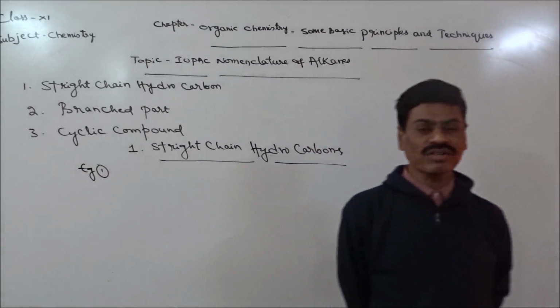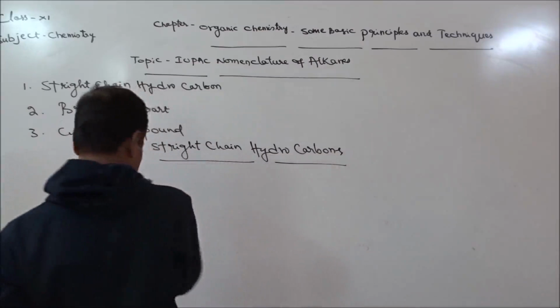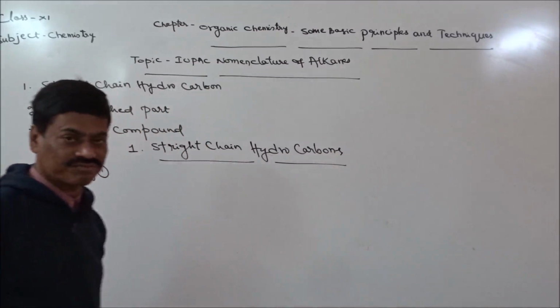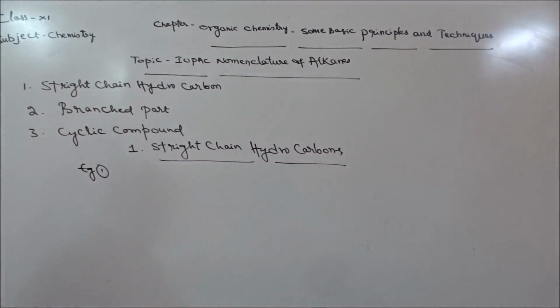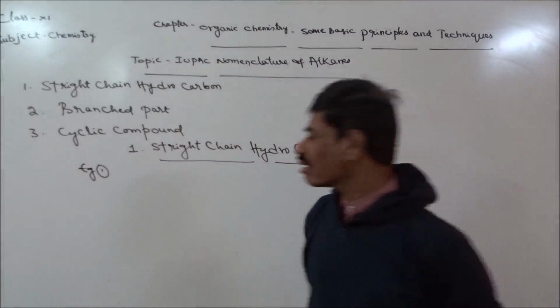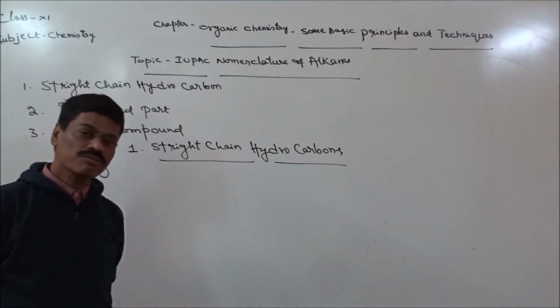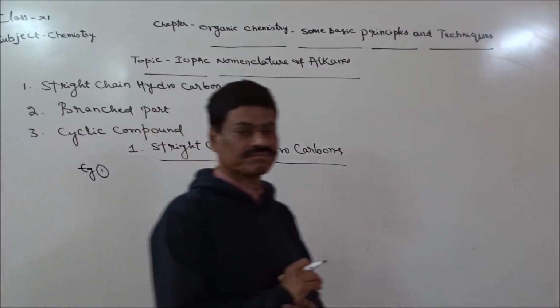Hydrocarbon which contains only one carbon atom is called methane. Meth means 1. Second member is ethane. Eth means 2. Third member is propane. Pro means 3.